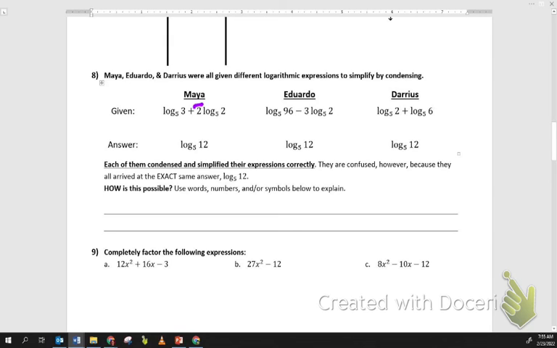If I see this and I know we're condensing, I know Maya's first step was to do the power rule.